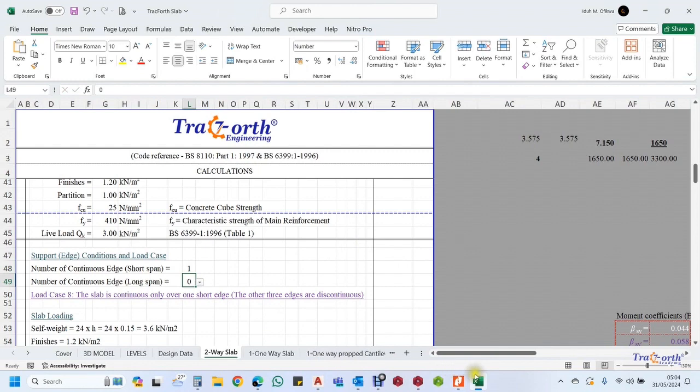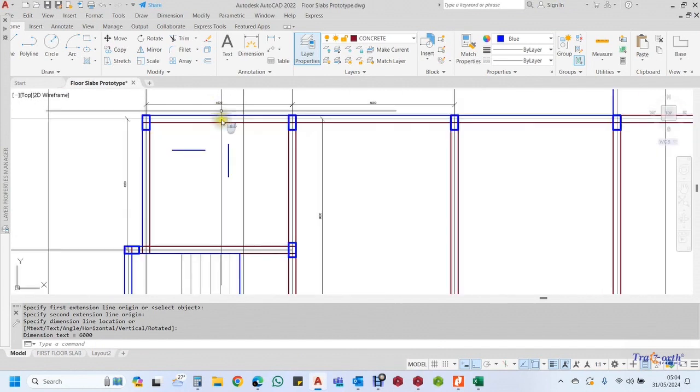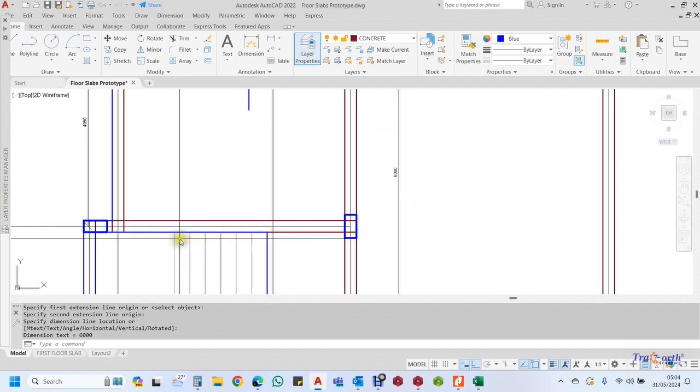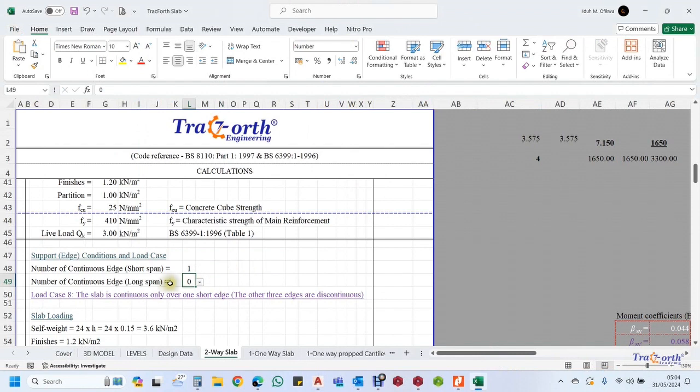For the long span, let's look at it again. In this case, this edge, there is no slab. This edge, because the slab here is not up to 50 or 70% that I explained earlier, we are going to consider it as a discontinuous edge. So we'll say 0. And the load case now will be what? The slab is continuous only over one short edge. The other 3 edges are discontinuous. And this can change depending on its factors.